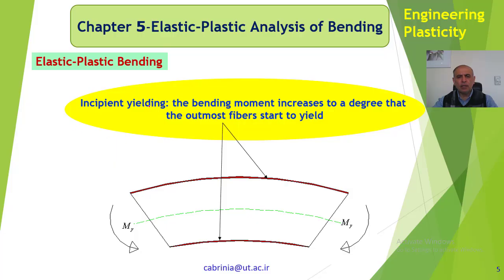Okay, so we call that incipient yielding. The bending moment increases to a degree that the outermost fibers start to yield. So as you can see, I have made this red color. It's showing that the outermost fibers have yielded. Okay, so that's what's happening here.